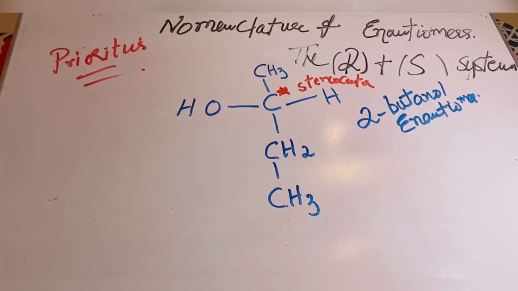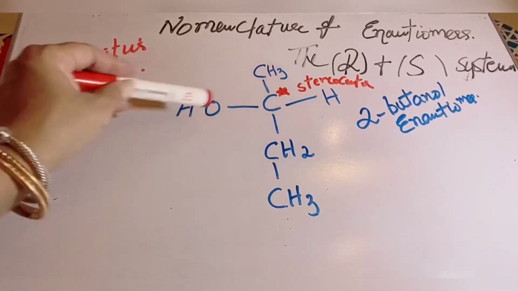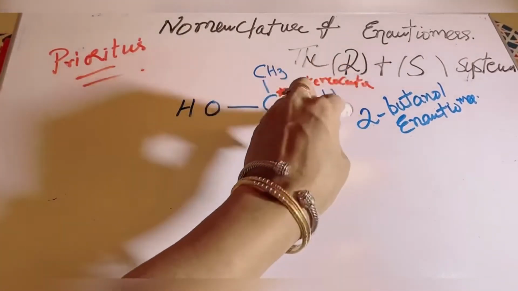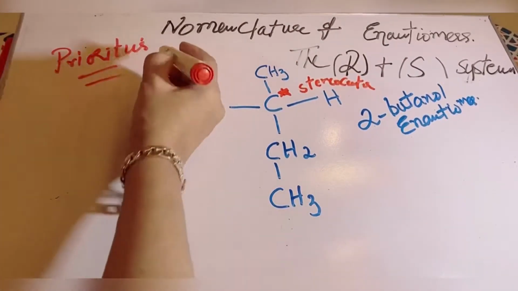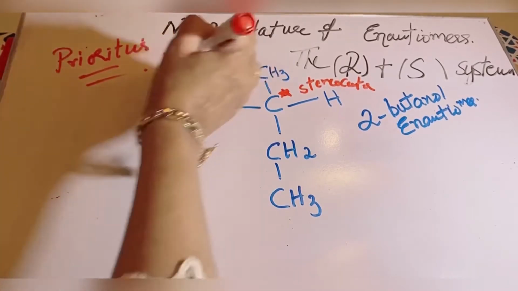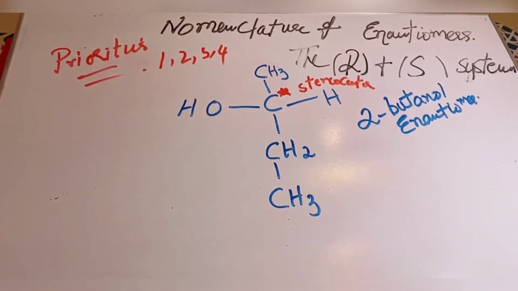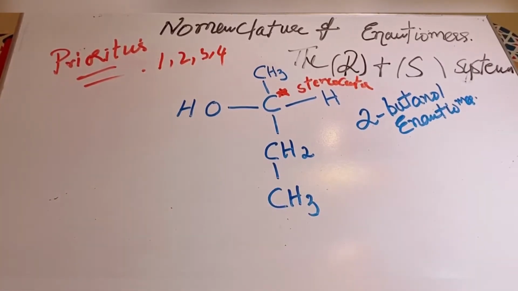As I've mentioned, these 4 groups, that is methyl, hydroxyl, ethyl group, and this hydrogen, will be given priorities, right? And these priorities would be like 1, 2, 3, 4, or you can simply give the priorities with alphabets like A, B, C, D.